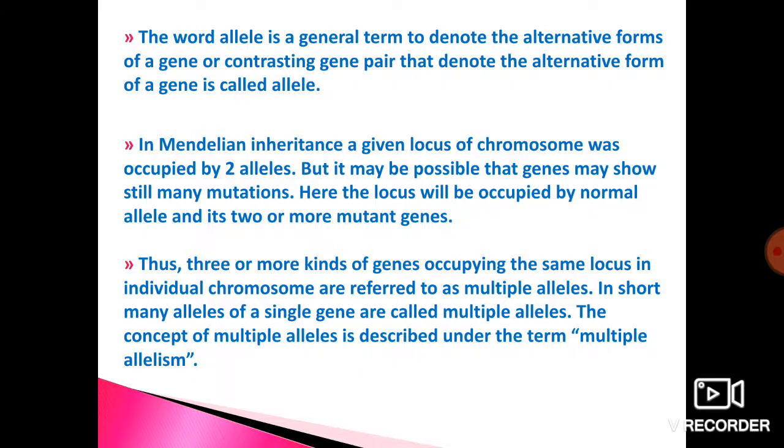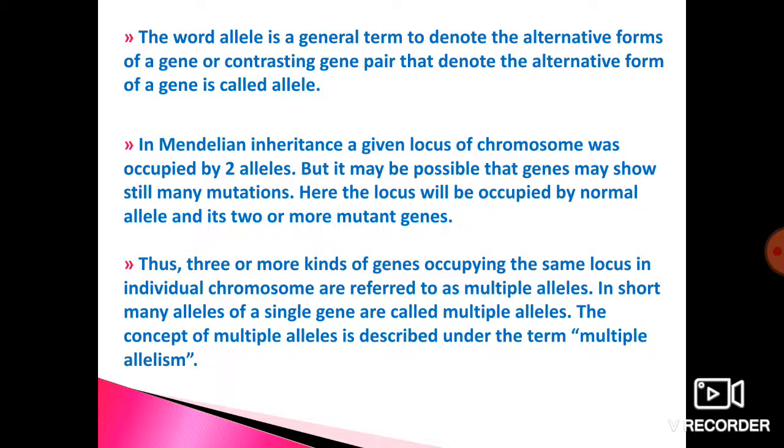We have heard this word allele, and if you remember my last video, you have seen and understood, I believe, that every gene which is placed in a certain locus has two partners.